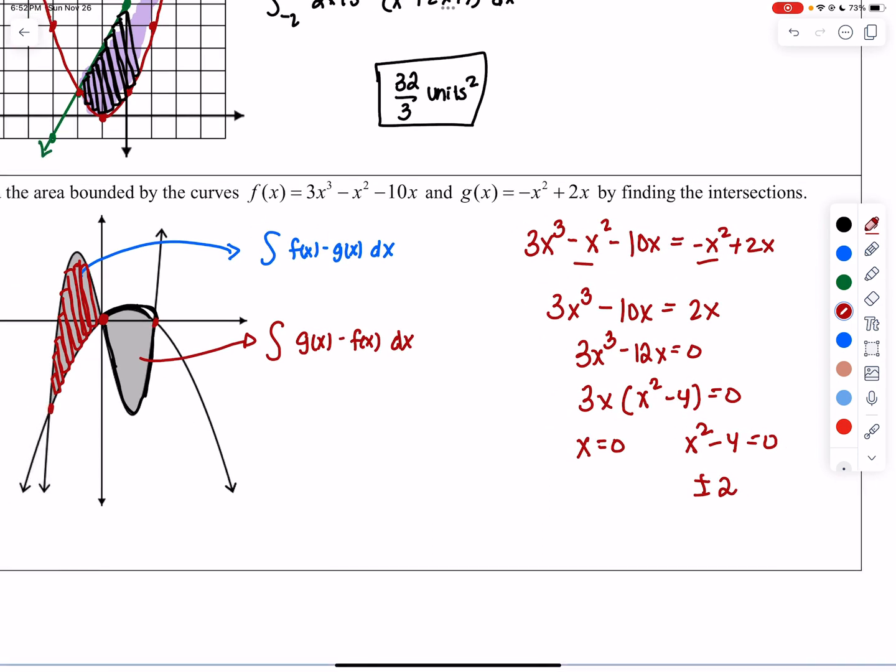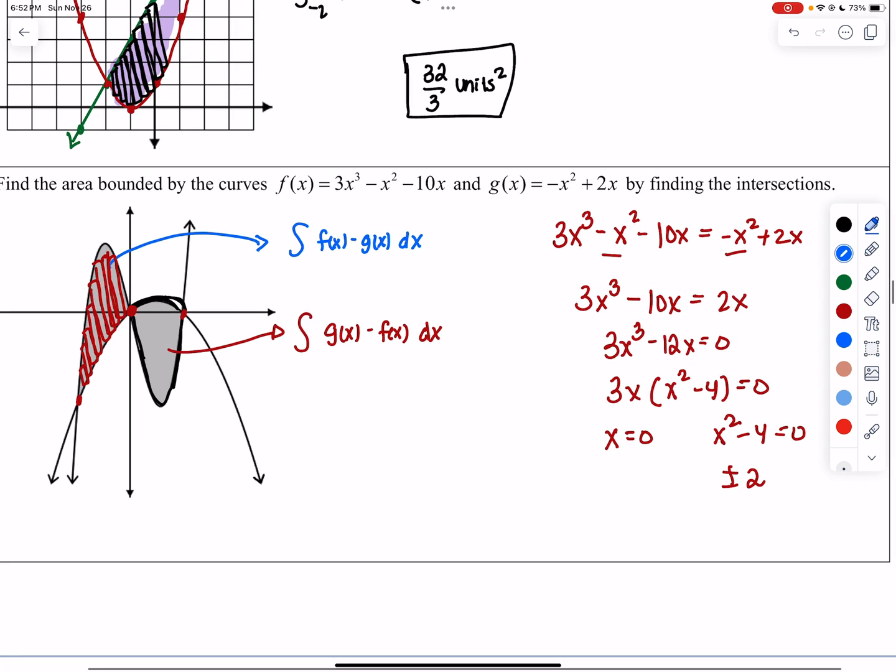So I have intersections at negative 2, 0, and positive 2. So looking at this region right here, my first region, my bounds are going from negative 2 to 0. So negative 2 to 0. And then my other bound is going from 0 to 2.